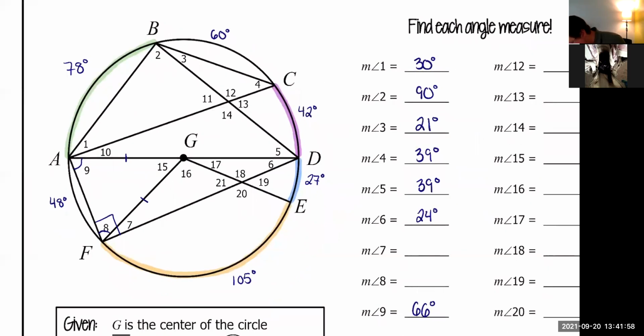So guess what angle 8 is? Also 66. Well, now let's go back a step further. We know that angles 8 and 7 together form a 90-degree angle. We know 8 is 66 of those degrees. So 66 of the 90 comes from angle 8. Take that 66 away, that leaves us with 24 for angle 7.